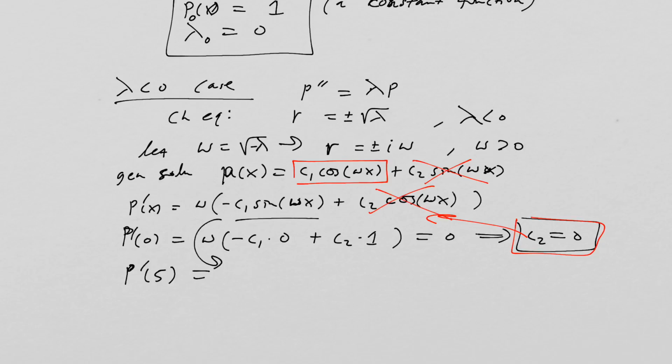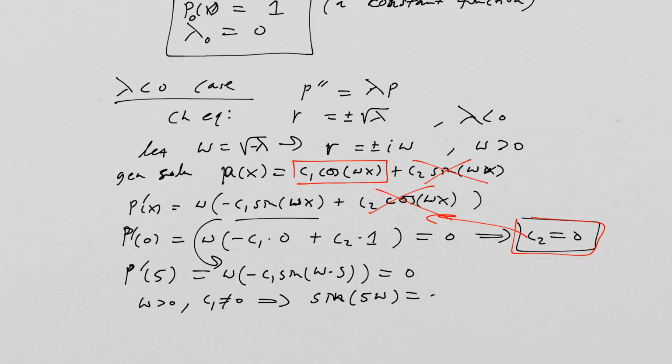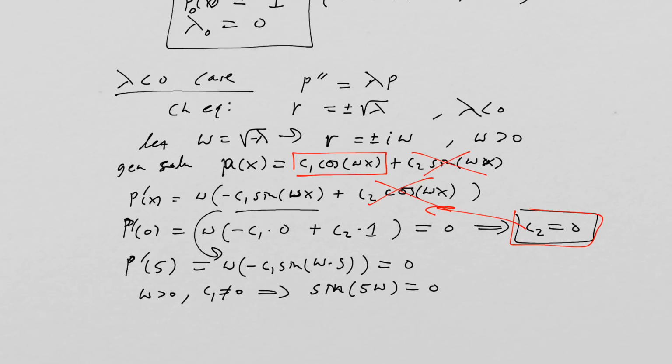So if I put this down here, I get omega times negative C1 times sine of omega times 5, and that whole thing has to equal 0. Omega is greater than 0, of course. C1 can't be 0 if it's going to be a free parameter. It can't be a trivial solution, which implies that sine of 5 times omega is going to be equal to 0.